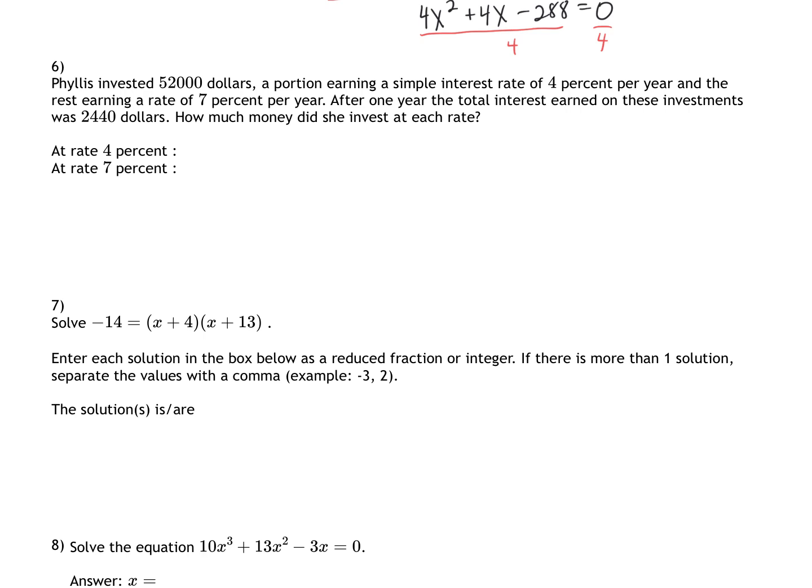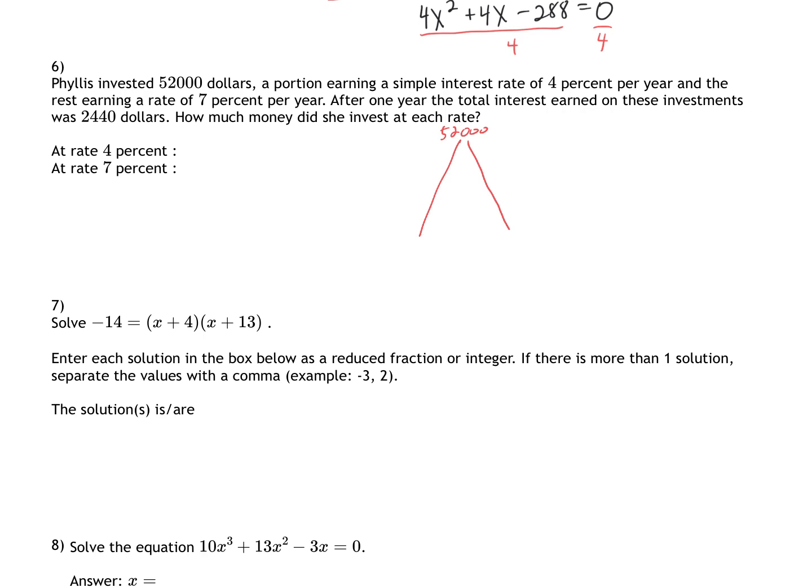Okay, so here is a way to organize this information. So the amount you're investing is $52,000, and you're investing it in 2 accounts. So we don't know how much we're investing in each account, which is the whole point of this problem.